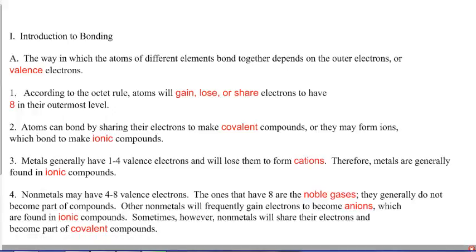Other nonmetals will frequently gain electrons to become anions, which are found in ionic compounds, or sometimes nonmetals will share their electrons and become part of covalent compounds. Again, notice it takes a cation and an anion to make an ionic compound, so a metal and a nonmetal. For covalent compounds, there's only going to be nonmetals because these are ones that can share their electrons, and they don't want to share unless they have 4 to 7.